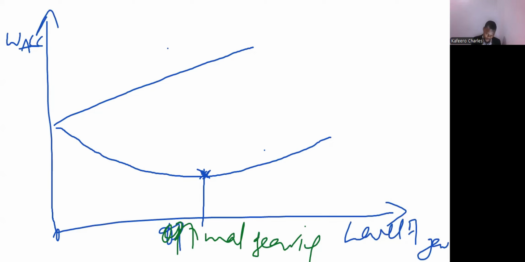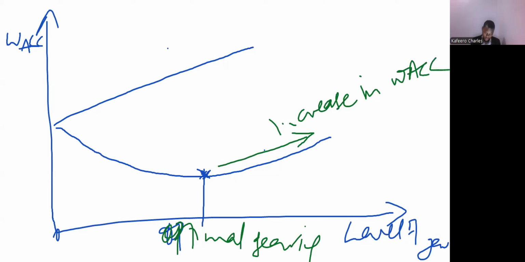This is the equilibrium point, or the optimal point. Once you go this side, you are increasing WACC. This is the WACC line, and this one is the cost of equity.